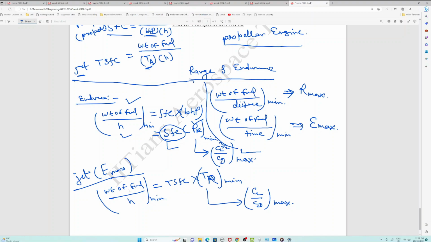If you want to break this formula for the range, what you can do, guys, is just convert. Anyway, you need this factor for the range. So you can write velocity is equal to distance by time.